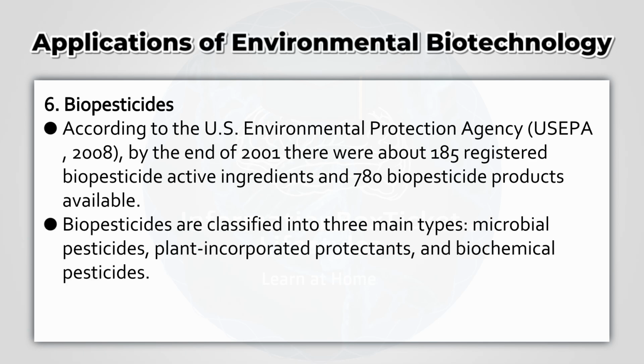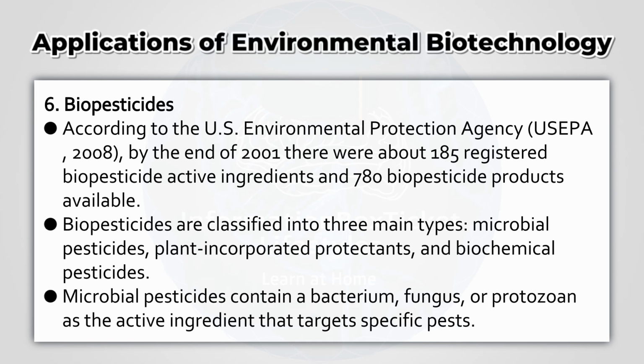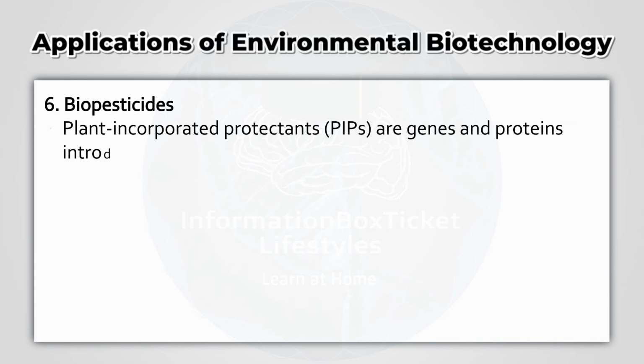Biopesticides are classified into three main types: microbial pesticides, plant-incorporated protectants, and biochemical pesticides. Microbial pesticides contain a bacterium, fungus, or protozoan as the active ingredient that targets specific pests.